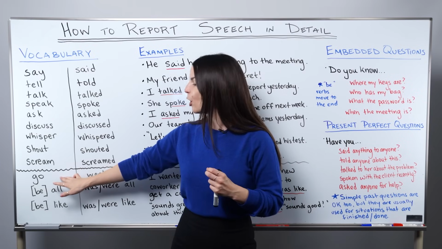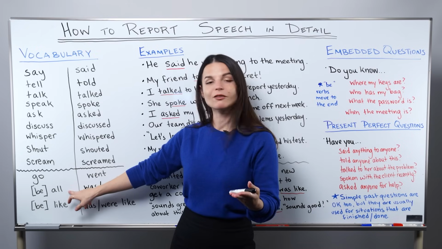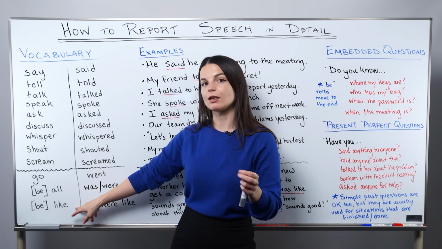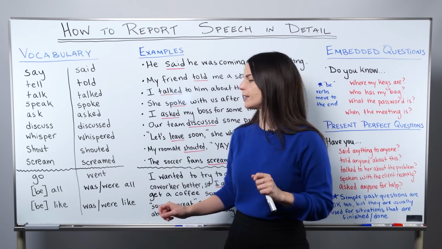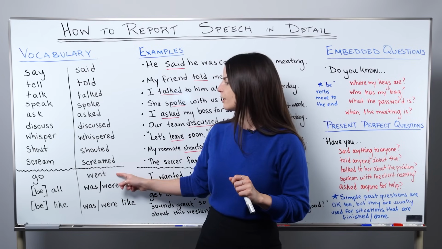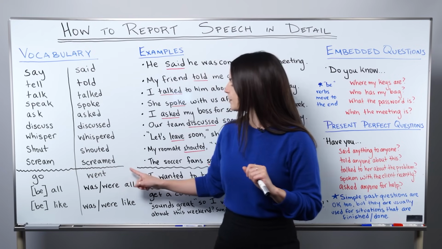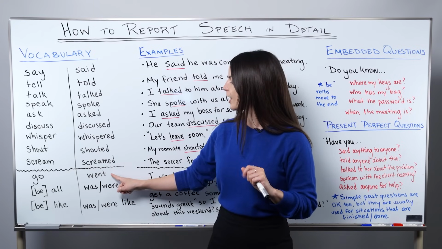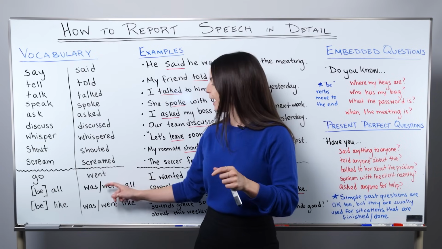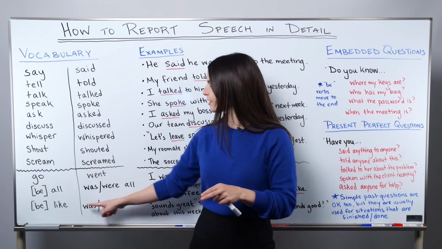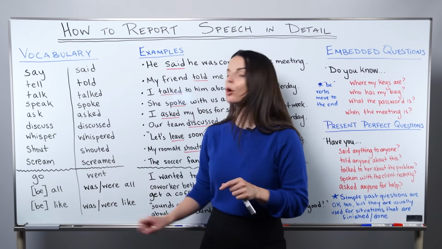So these are go and be, the verb be, all, and the verb be like. We tend to use these in past tense a lot. You'll hear go and goes used, but you'll hear this in past tense too. So that means go becomes went, and be all becomes was or were all, and be like becomes was or were like.